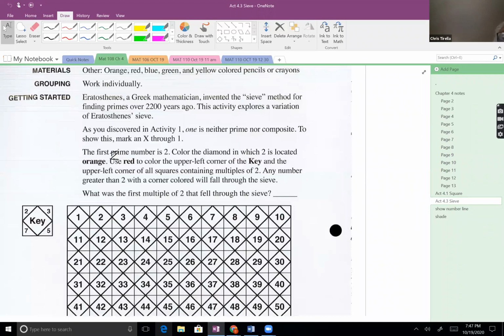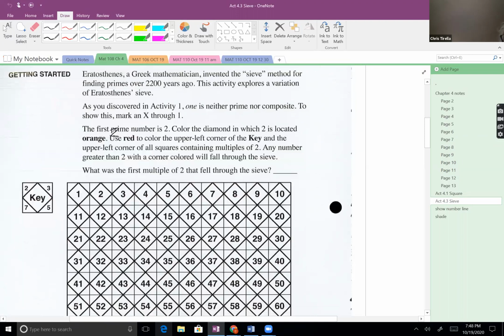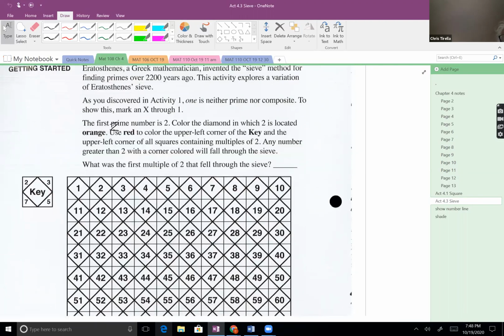It says Aristophanes was a Greek mathematician who invented the sieve method for finding primes over 2,200 years ago. This activity explores a variation on Aristophanes' sieve. Activity 1, we decided that 1 was neither prime nor composite, so we're going to put an X through 1.